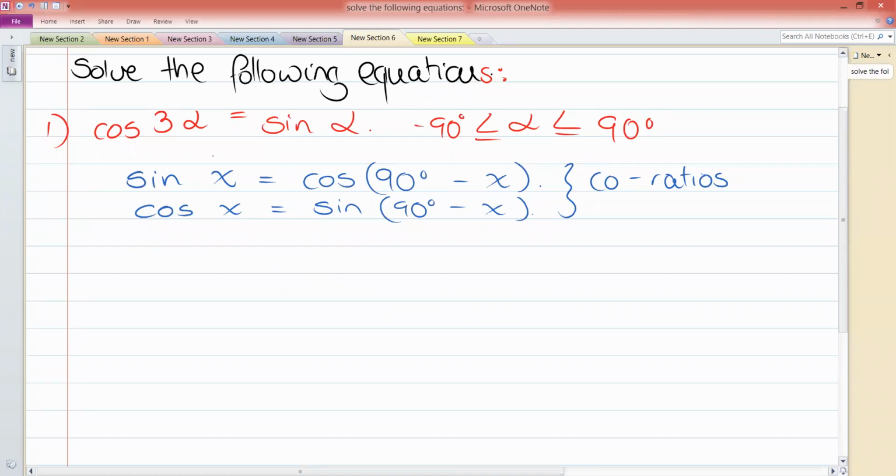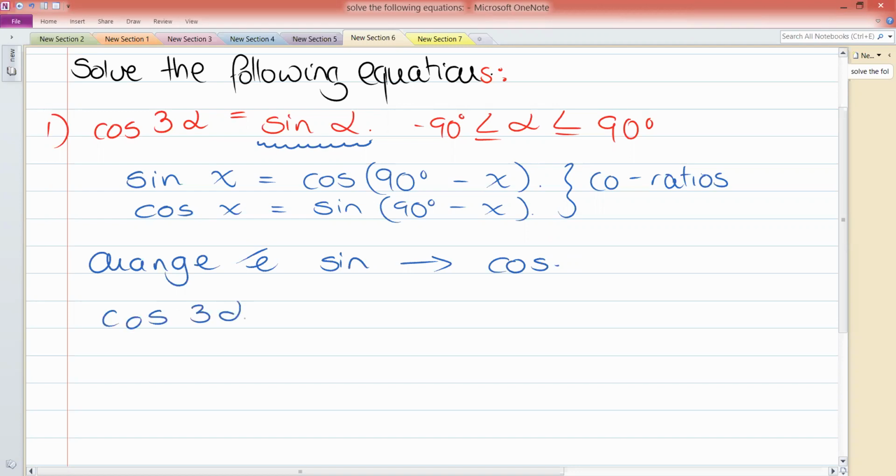What I'm going to do is change the sine so that it becomes cos. To do that, you keep the cos 3 alpha. On the other side, remember if it's sine alpha, what does it become?